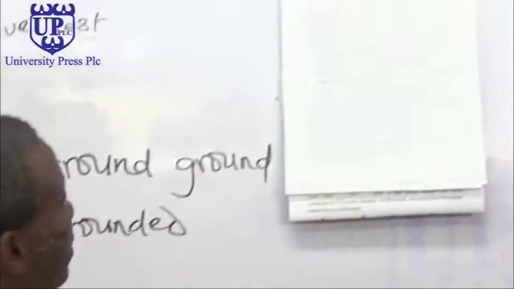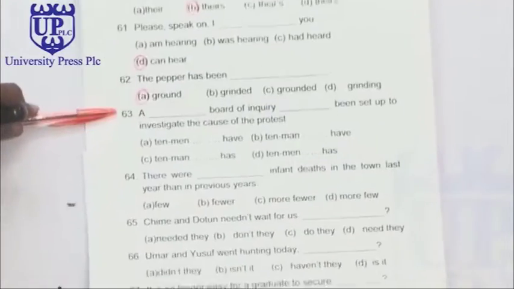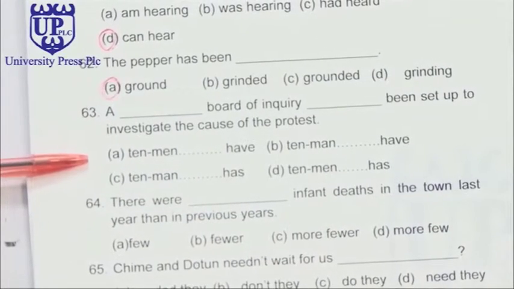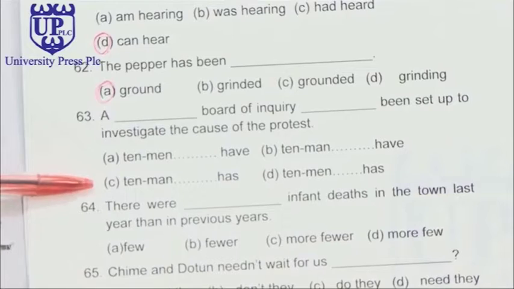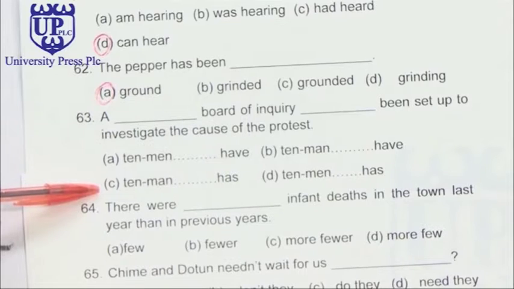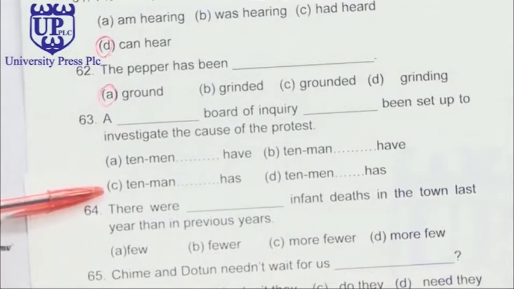Right, let's look at another one, number 63: dash of inquiry has been set up because of the protest. Now, this is another form which you have to be very careful with. You remember there's a hyphen: 10-man board, 5-man board, 7-man board.